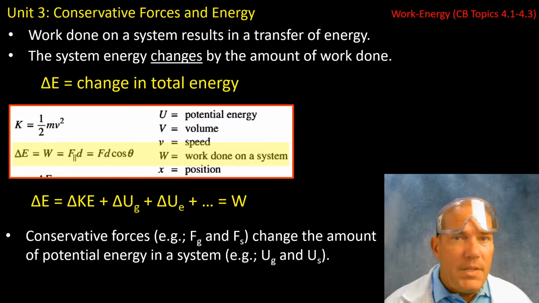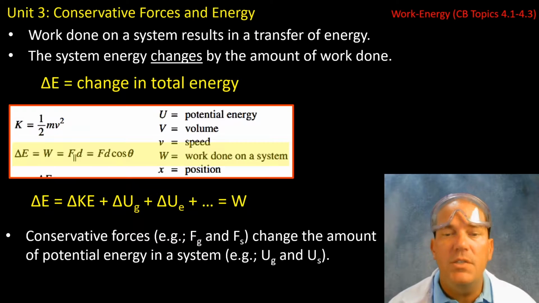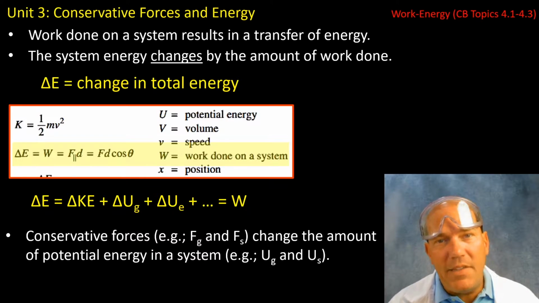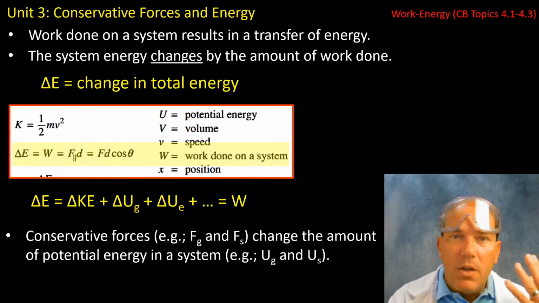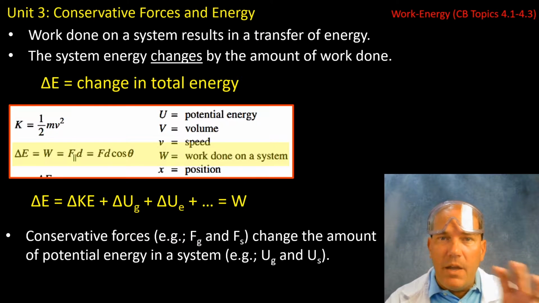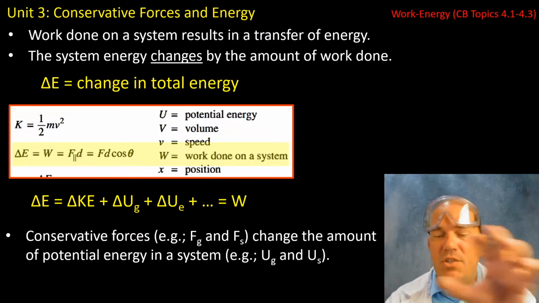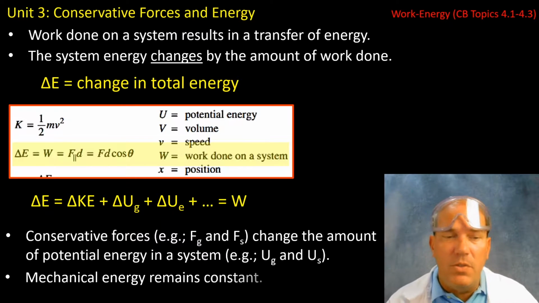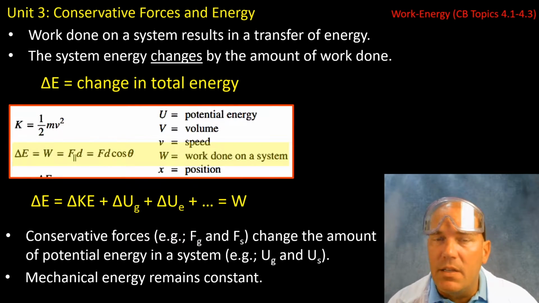And remember, potential energy is referring to gravitational potential energy, spring or elastic potential energy. So our conservative forces, force of gravity, force of a spring, can change this amount of potential energy. However, mechanical energy remains constant.